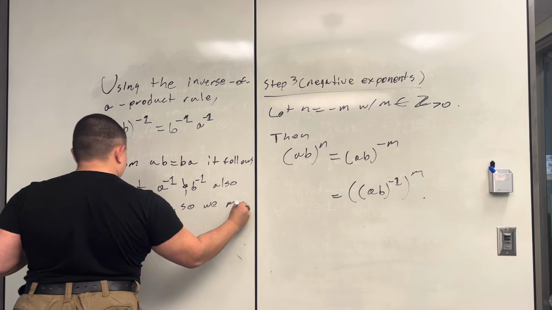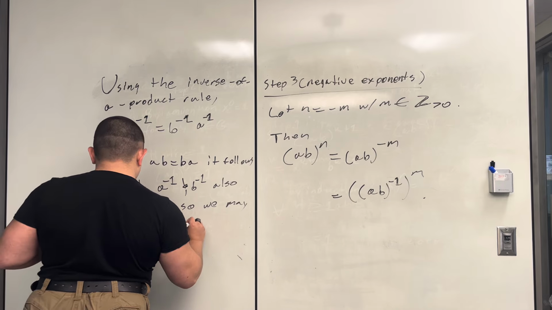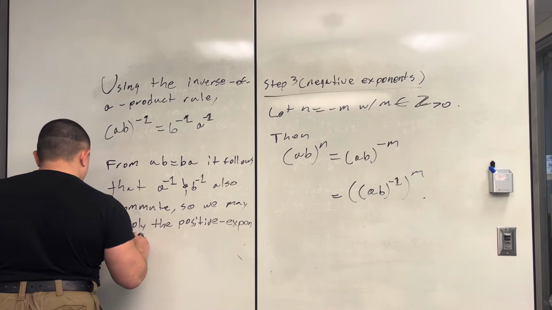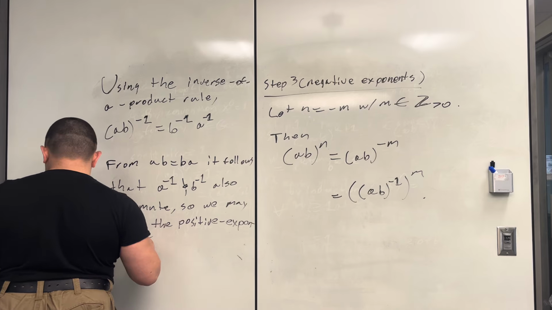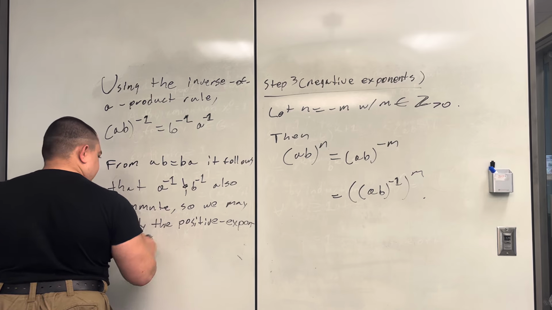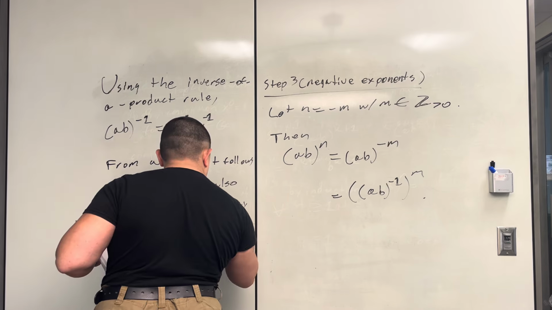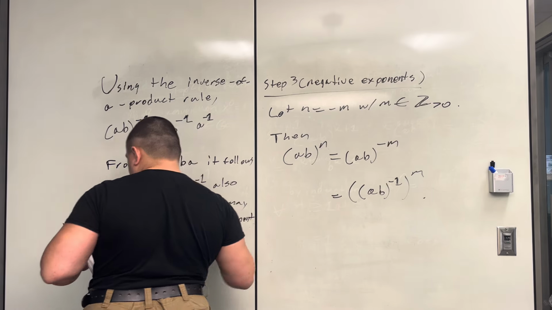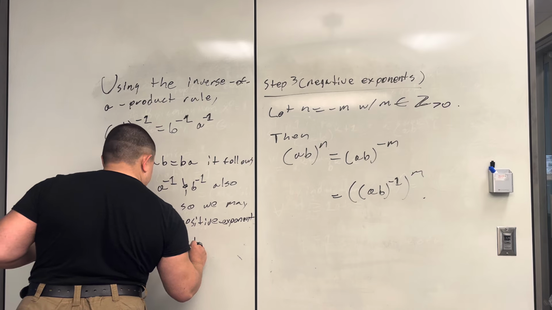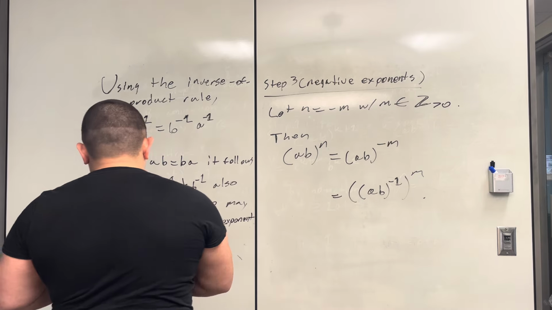So we may apply, in fact we do apply, the positive exponent case to the inverse of B and the inverse of A. What does that get us?